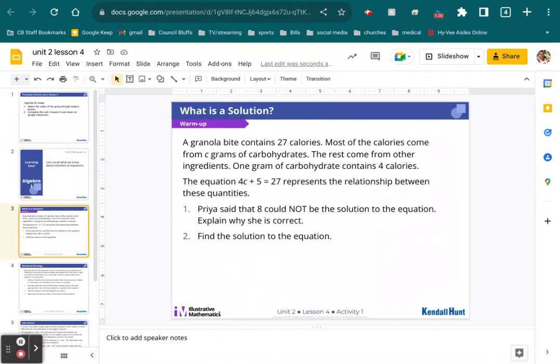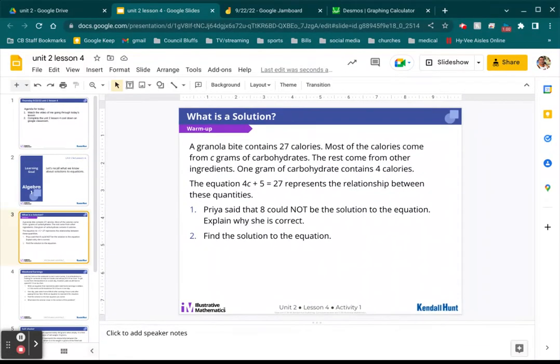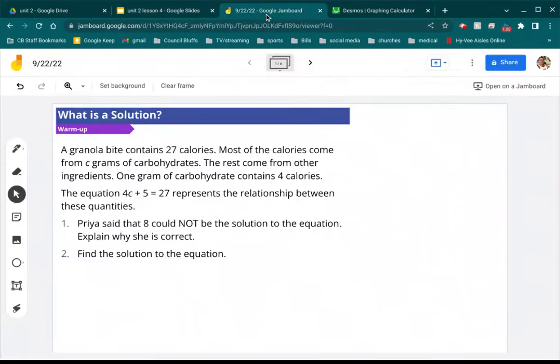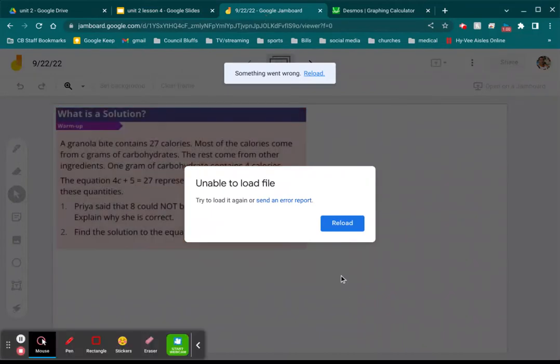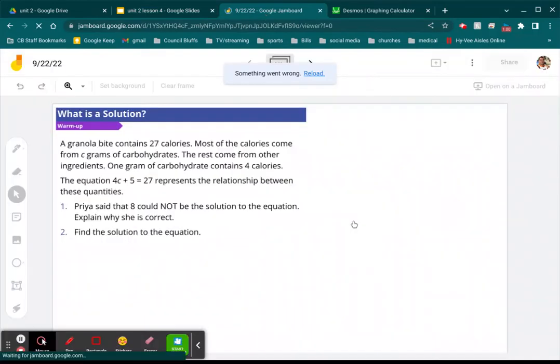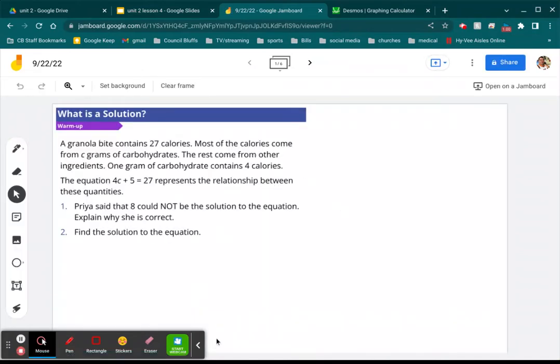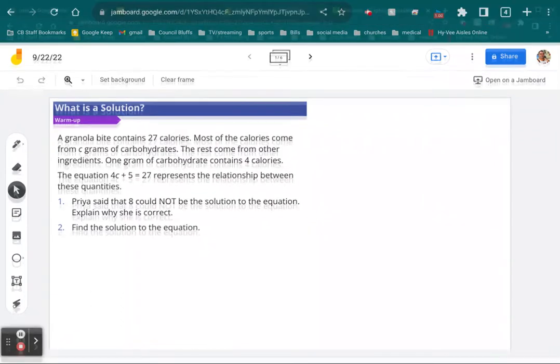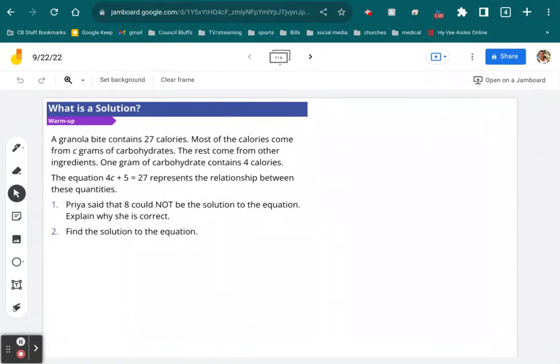Okay. So this is the warm-up, which is on slide 3, if you want to follow along. So here we go. A granola bite contains 27 calories. Most of the calories come from C grams of carbohydrates.